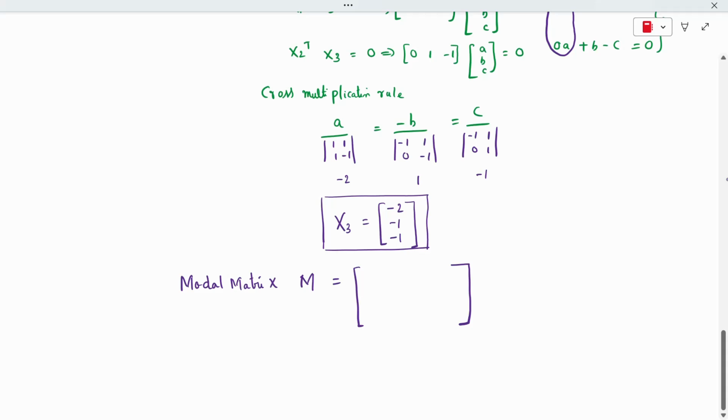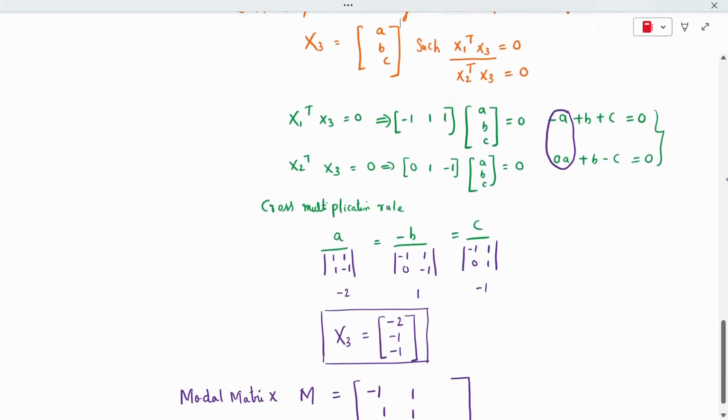For example, the first eigenvector is minus 1, 1, 1. My second eigenvector is 1, 1, 0. Correct? Let me check the second eigenvector. What is our second eigenvector? Sorry, 0, 1, minus 1.